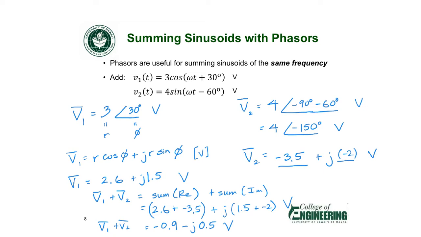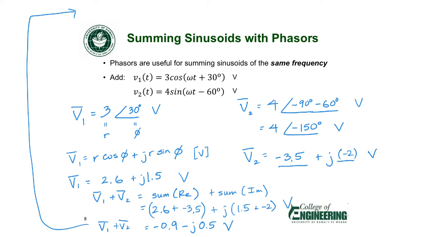Okay, but our summation is still in the complex number format. So let's convert this back to a phasor representation. And for the phasor representation, to get it from the complex number format, we want to get back something of the form of V1 here, where we have R, the angle sign, and theta.